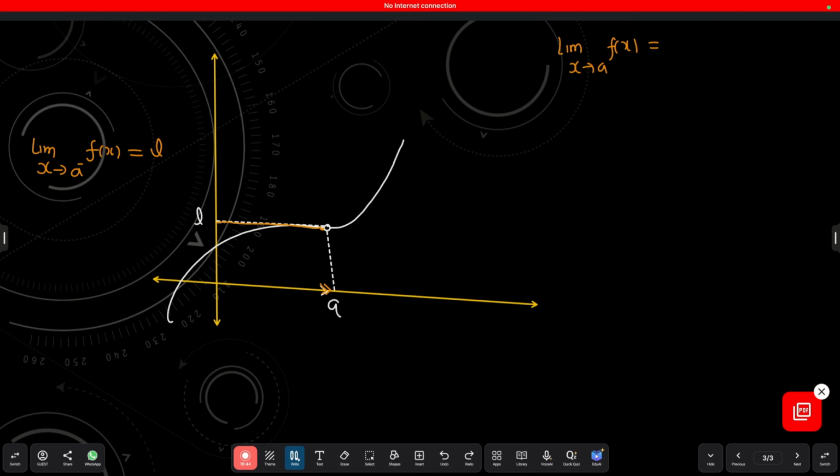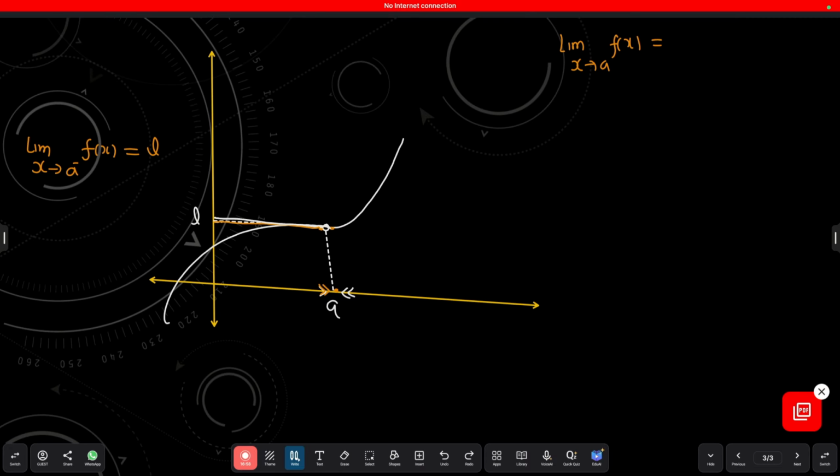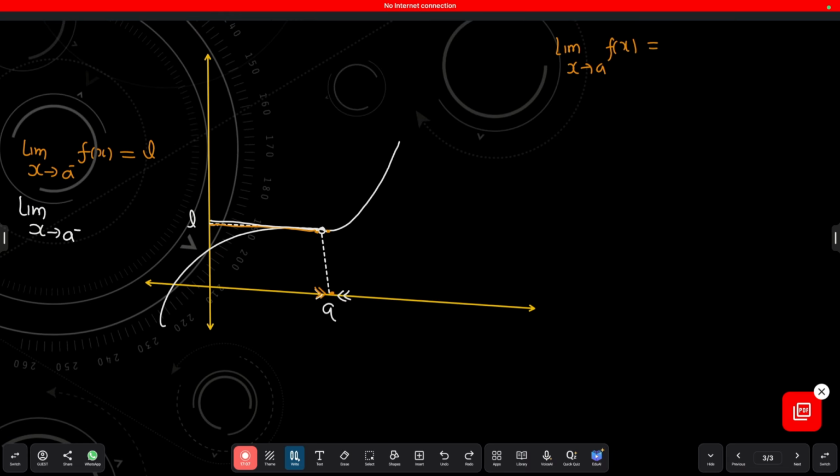Now let's see from the right side. Approach A from the right side, then you will approach from this side. Suppose you are here, then corresponding to this, where is the graph, again it is this graph, and what is the value, it is again coming almost L. So you can say from here limit x tending to a positive, f(x) equals L, and L is a finite number here.